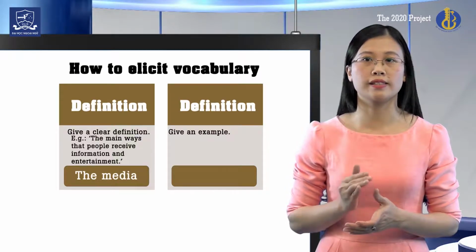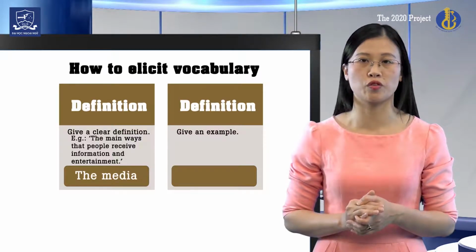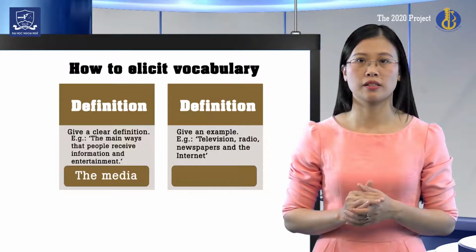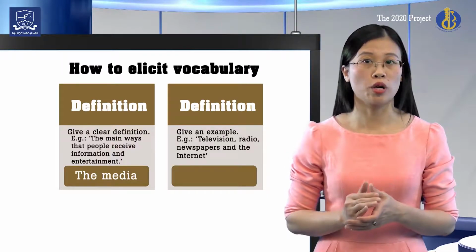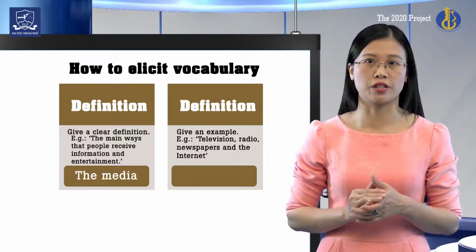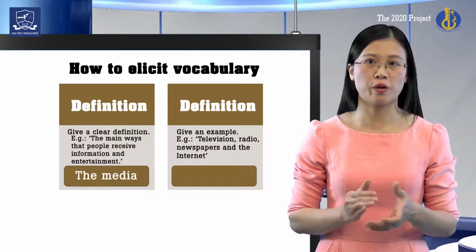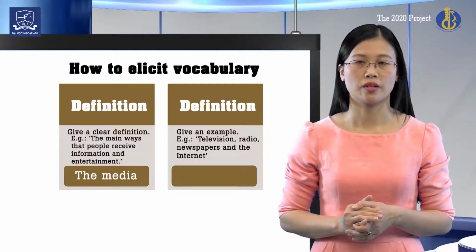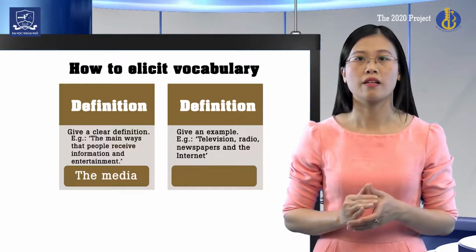You can give an example or some examples for students to guess the word. For example, you ask, what word can be used to refer to these things: television, radio, newspapers, and the internet? The students may say, the media.